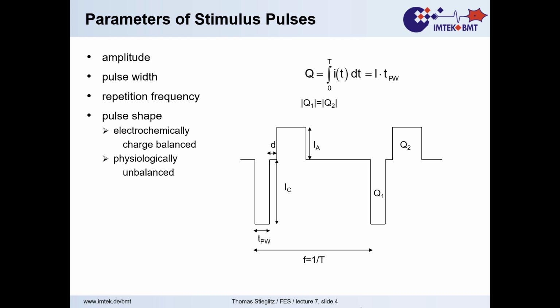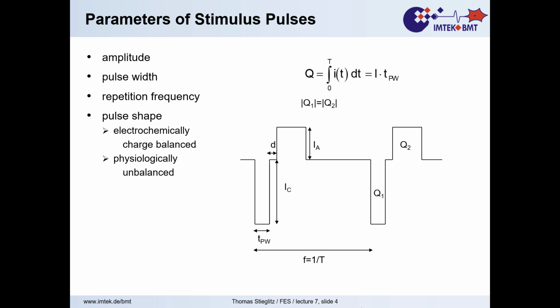We consider that we use charge balanced pulses. That would mean the area under the cathodic pulse should be equal to the area under the anodic pulse from the magnitude side. If it's a rectangular pulse, you can simplify the integral just by length times magnitude, and then you got that. So no rocket science, really simple things.